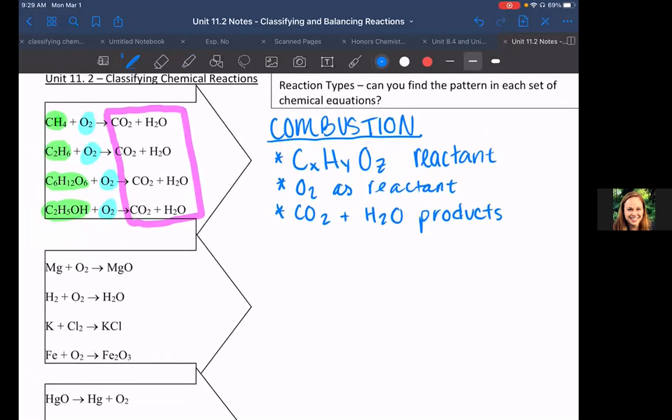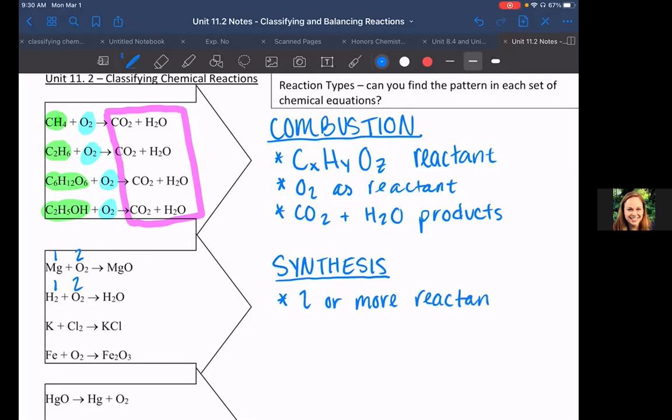All right, so the second one that we're going to talk about is called synthesis. You can think of synthesis as making something, just like how you put a bunch of ingredients together to make pancakes. For synthesis, you're going to have 2 or more reactants. In my 4 examples, I use 2 reactants, but it can be more.